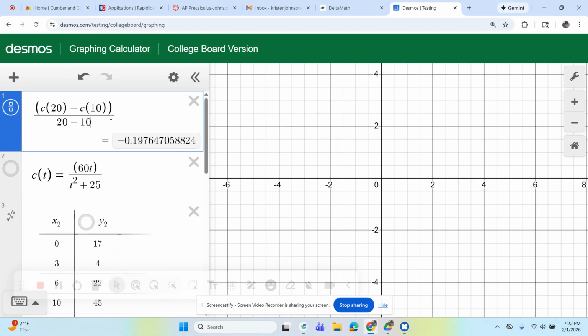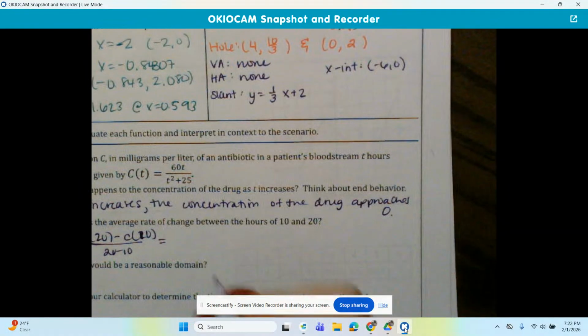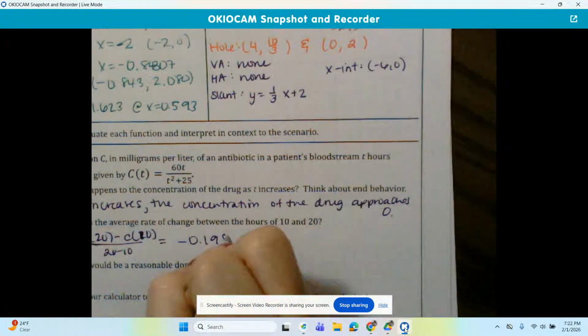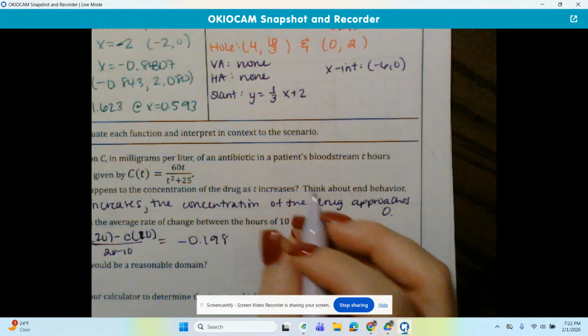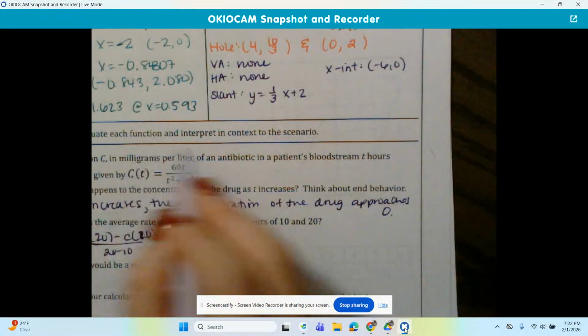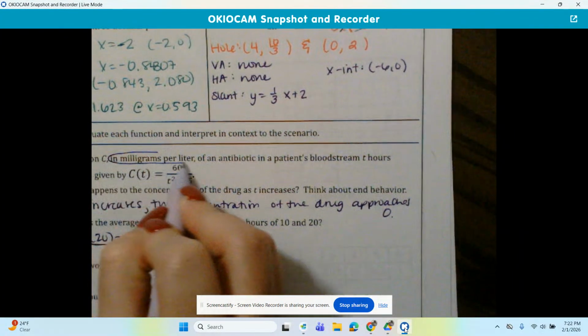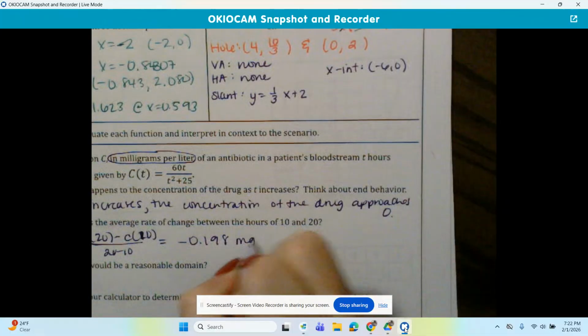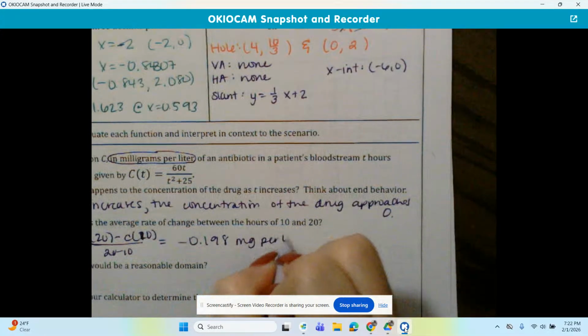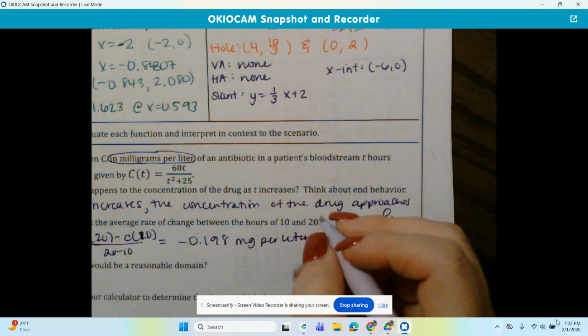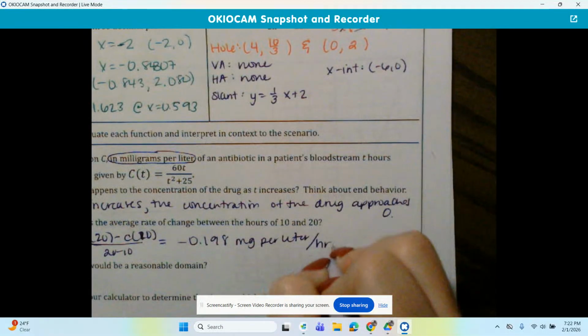And there we have negative 0.198 would be our value there. And we're dealing with milligrams. C is in milligrams per liter. And then over time, it's going to be per hour for us.